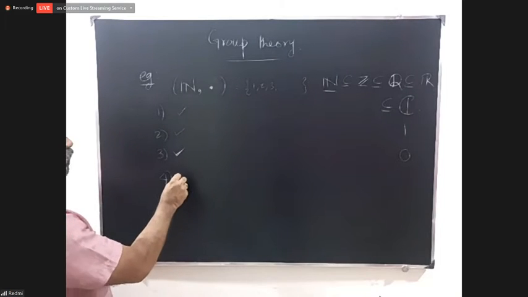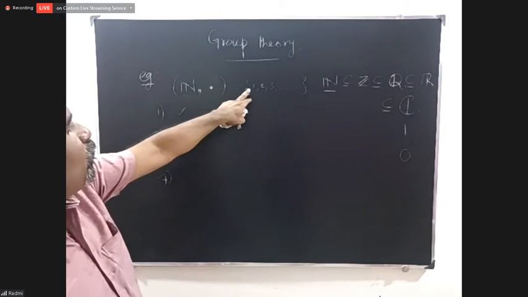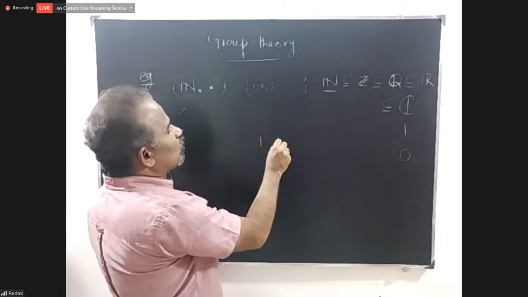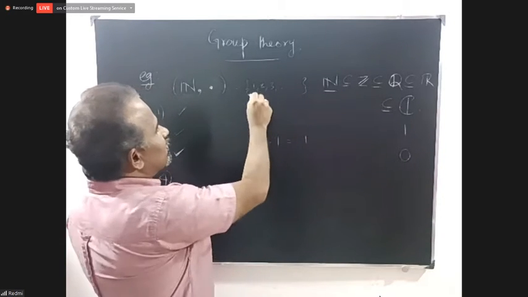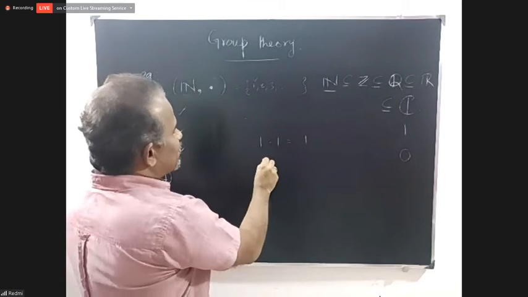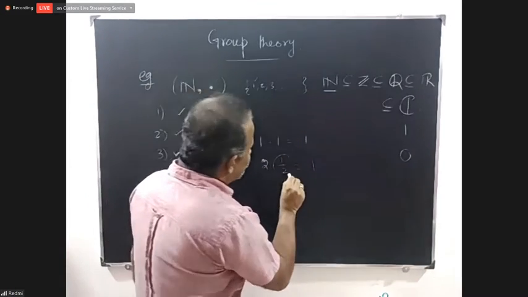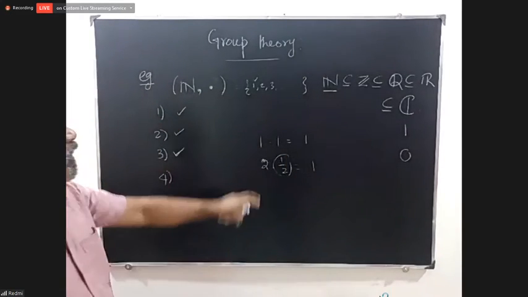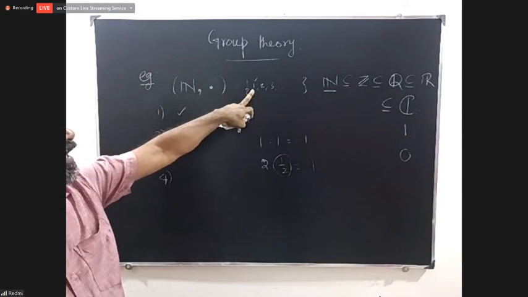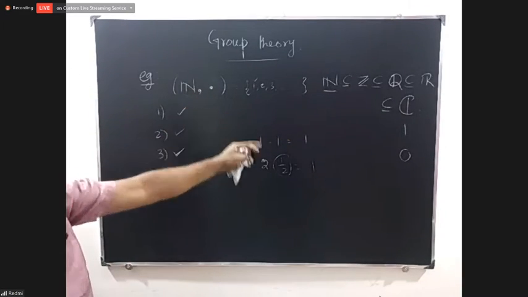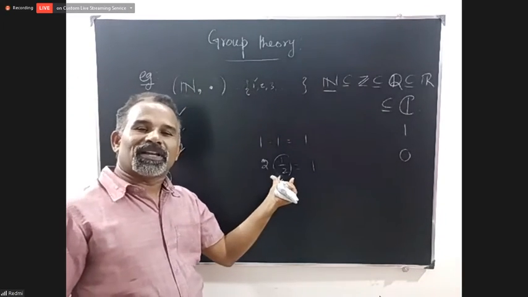The fourth one is, if you take the element 1, then 1 has an inverse: 1 into 1 is equal to identity. But 2 into 1 by 2 will become 1, and 1 by 2 is not in this set. So except 1, no element of the natural numbers has an inverse.